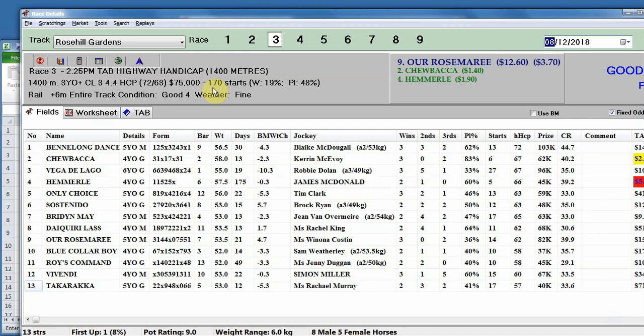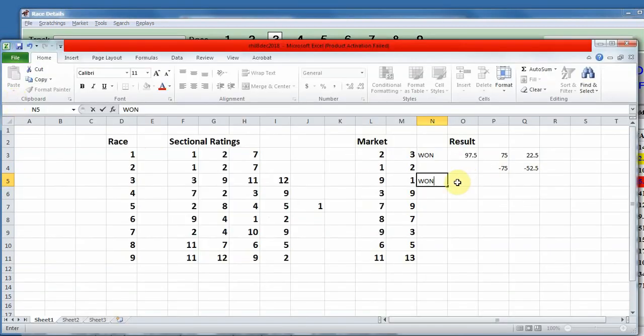So anyway, $12.60. Let's see if this is going to work now. Result equals 25 times 12.5, 312. So the profit's going to be that minus 100. And let's see if this works. 160 in front. Woohoo!